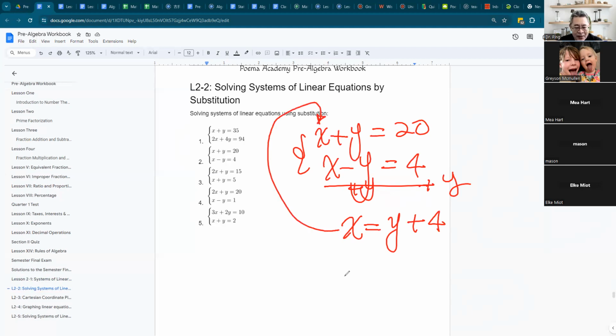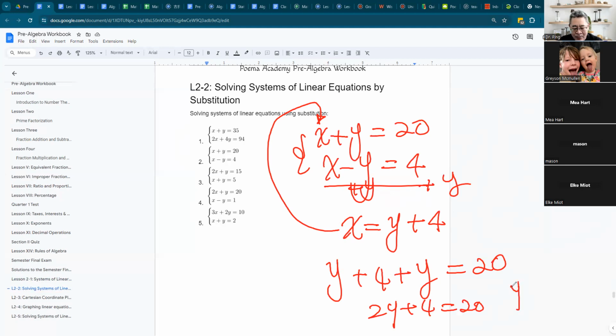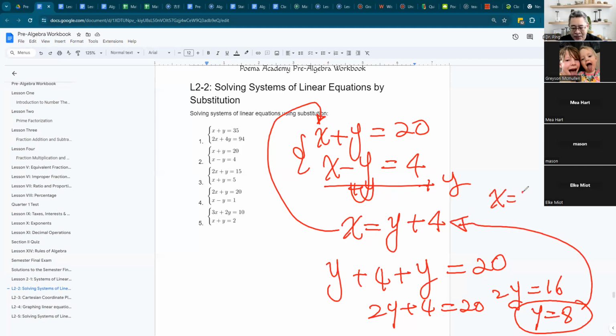We know x is y plus 4, so it's y plus 4 plus y equals 20. Then we got 2y plus 4 is 20, then 2y is 16, then y is 8. When we got that, we just plug back into here. Then x is 8 plus 4, which is 12. So we find our solution.